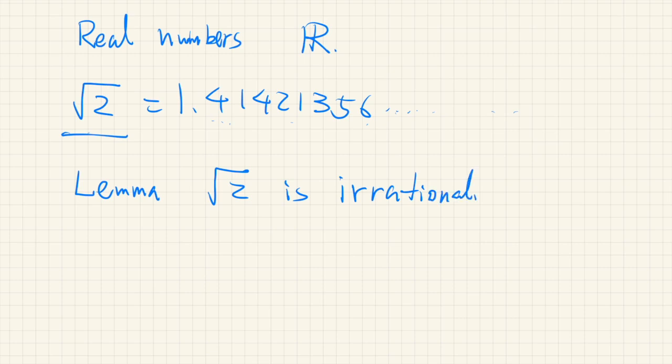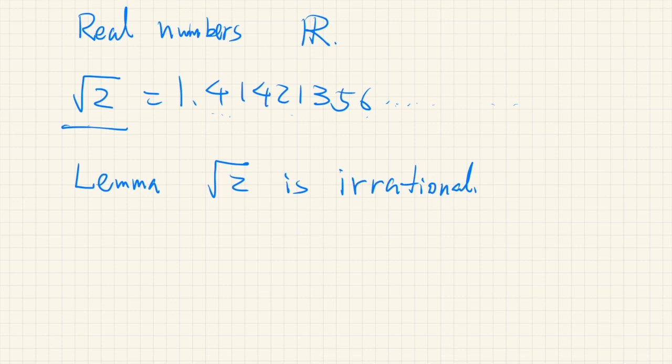So how do we prove this? In order to prove something, we first have to understand what we want to prove. Here we want to prove that square root of 2 is irrational. But what does irrational mean? It means not rational, right?